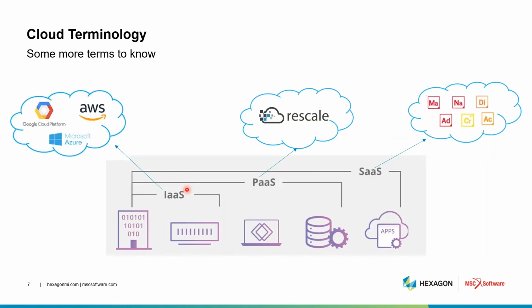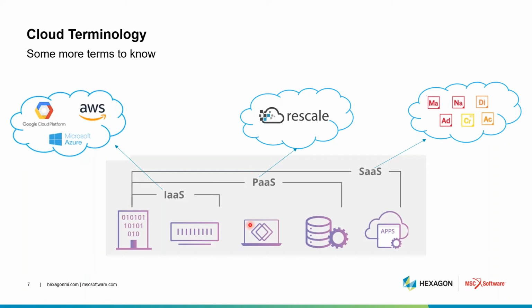Let's talk a little more about infrastructure as a service, platform as a service, and software as a service. These are the terms that I'll refer to and Eric will refer to during his presentation. For infrastructure as a service, you can see some of the platforms such as Google Cloud Platform, AWS, Microsoft Azure, and so on.